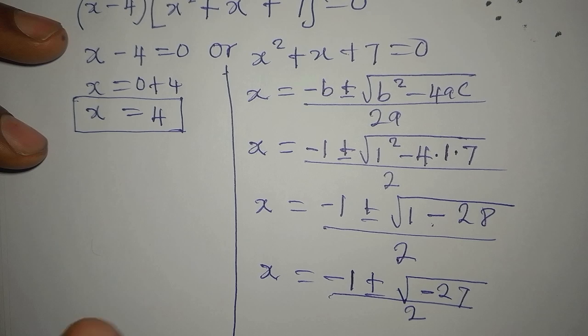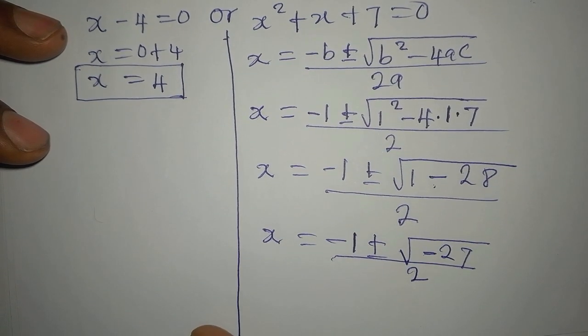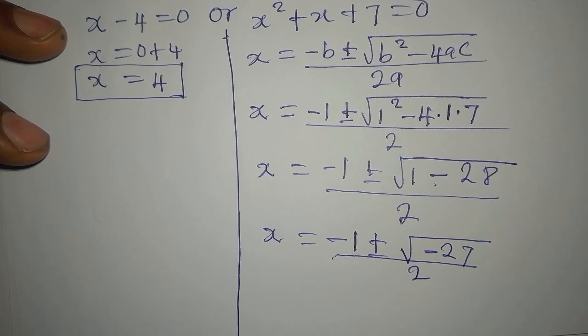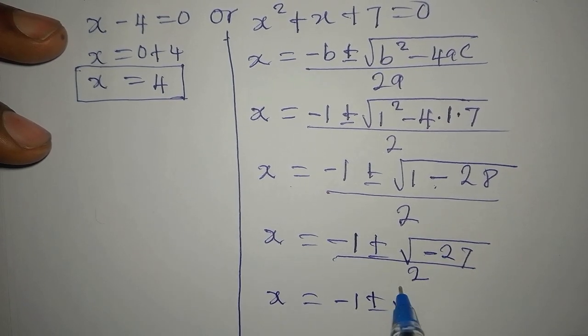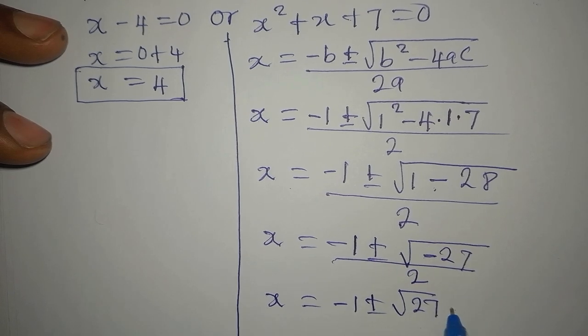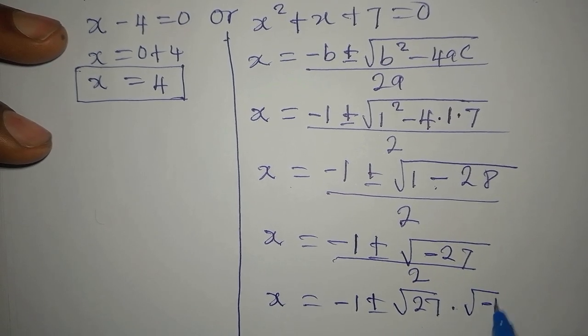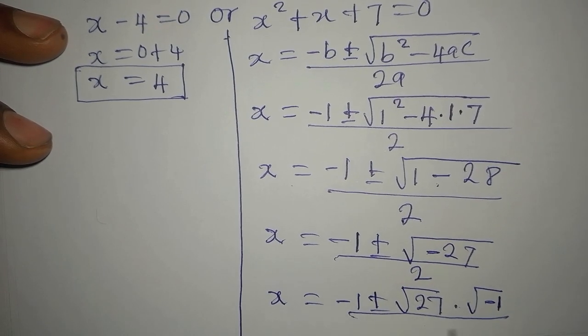Now there's a perfect square that is a factor of 27, but before then, I'll pick out the negative. So x is equal to −1 ± √27 multiplied by √(−1), and we divide the whole of this by 2.